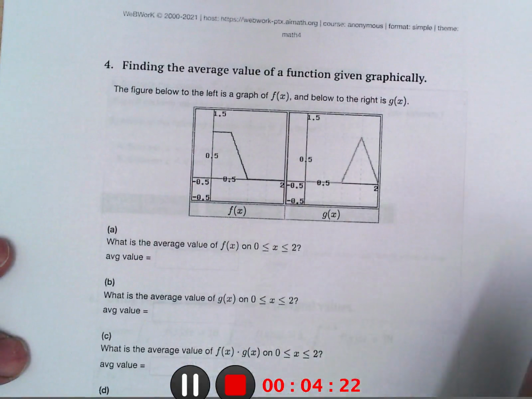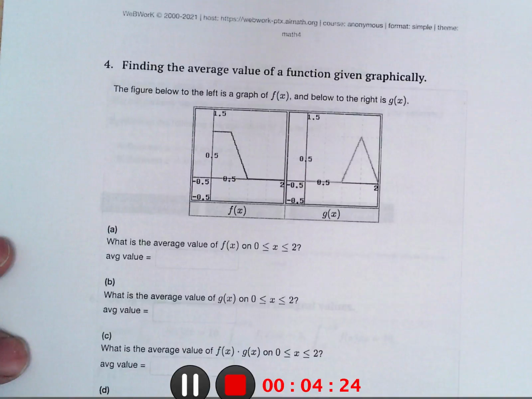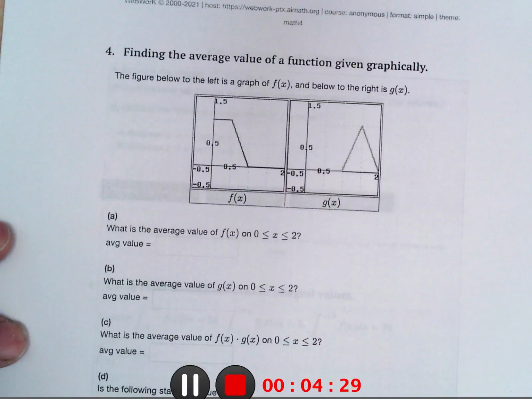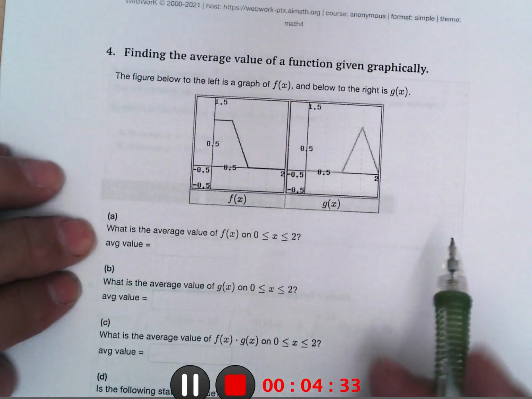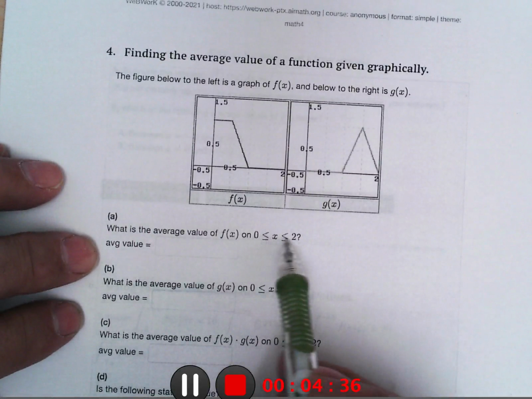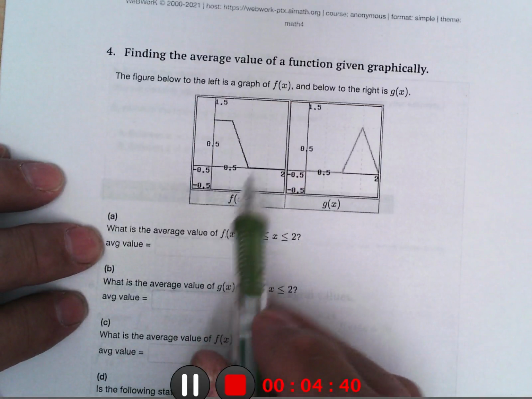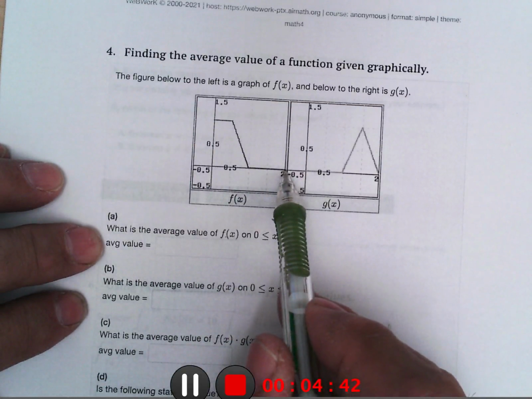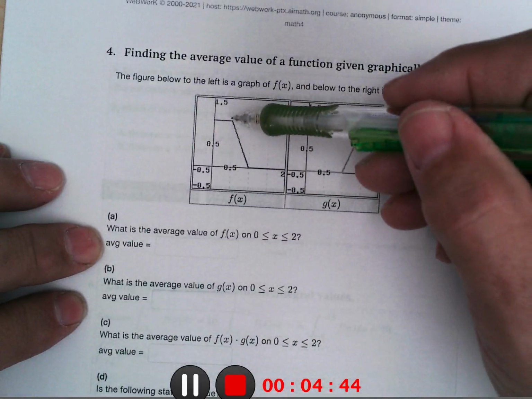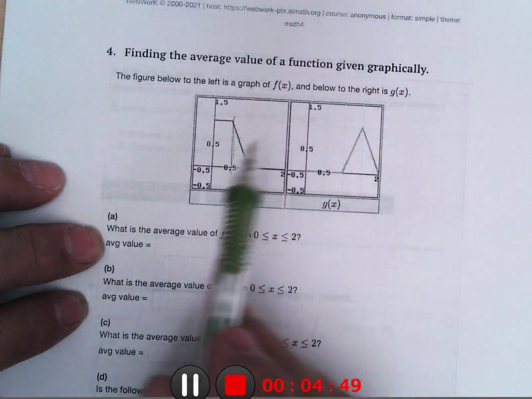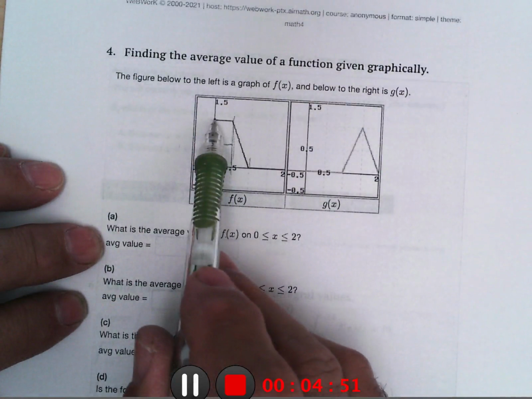Okay, 4. Find the average value of these. So, from 0 to 2 of f, and this is f, and 2 is here. So, if we were to do the boxes, and just to figure out the area, this is a half, and this is 1.